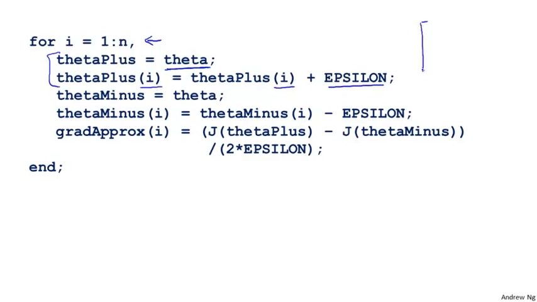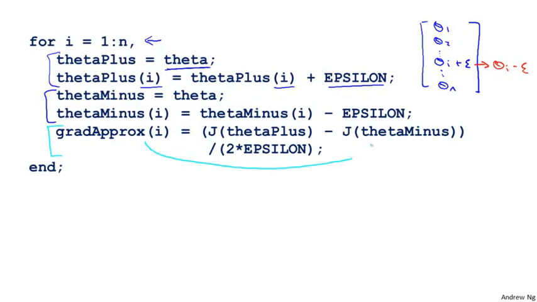So theta plus is equal to theta 1, theta 2, and so on, and then theta i has epsilon added to it, and then I go down to theta n. So this is what theta plus is. And similarly, these two lines set theta minus to something similar, except that instead of theta i plus epsilon, this now becomes theta i minus epsilon. And then finally, you implement this, grad approx i, and this will give you your approximation to the partial derivative with respect to theta i of J of theta.